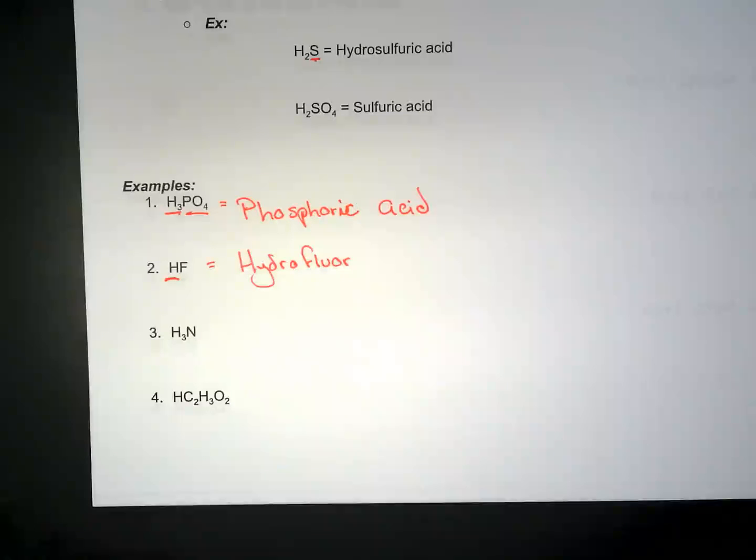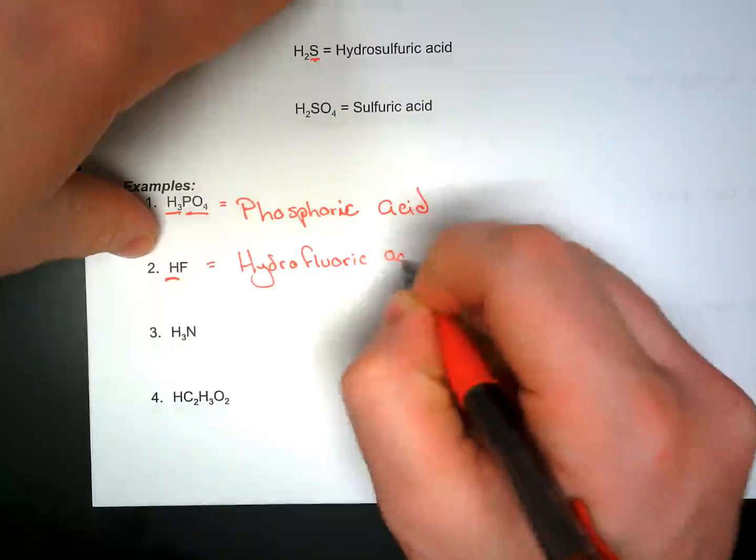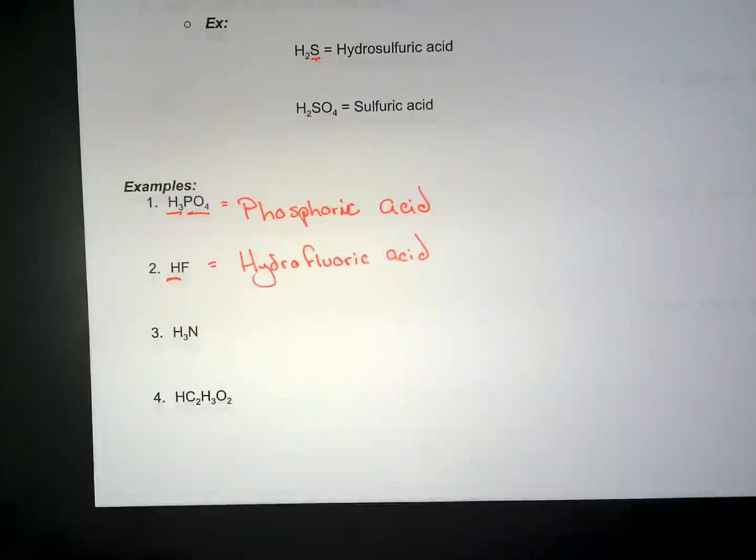What do you think sounds correct? You tell me. Hopefully you said hydrofluoric acid sounds pretty much on the dot, which it is. It's hydrofluoric acid. So try these 2 on your own. See if you can get them. Pause the video here. Try them out. Play the video when you're all done.